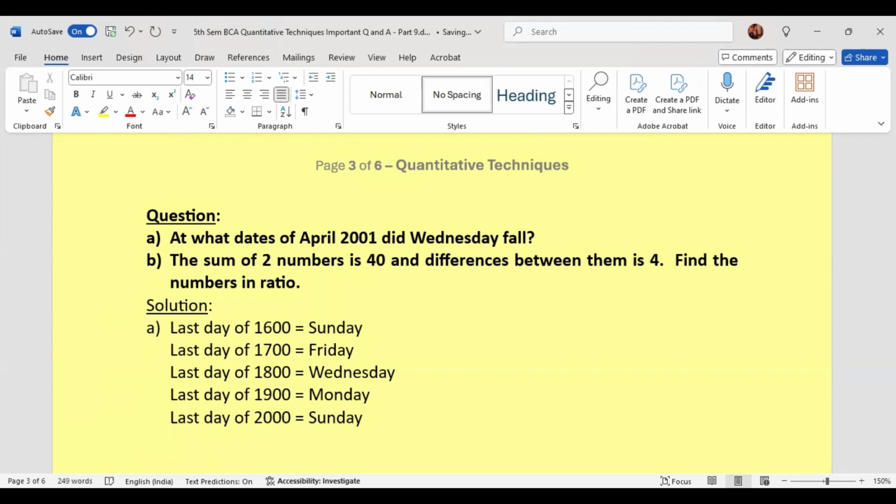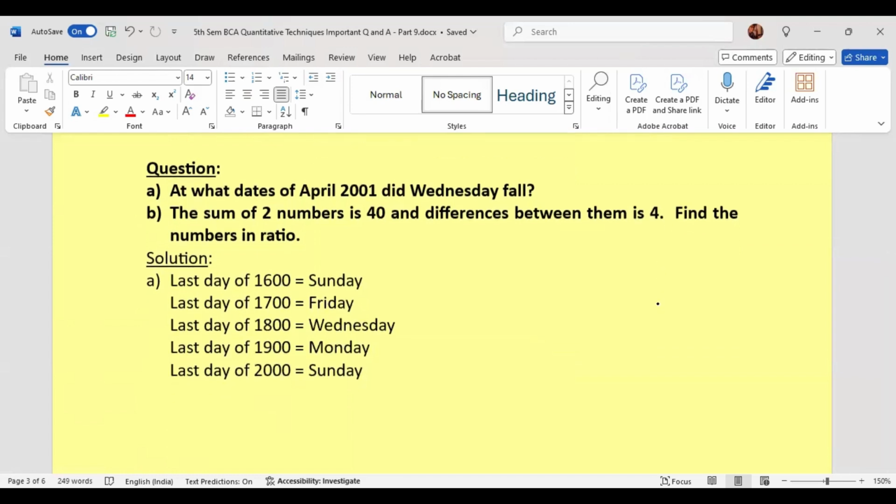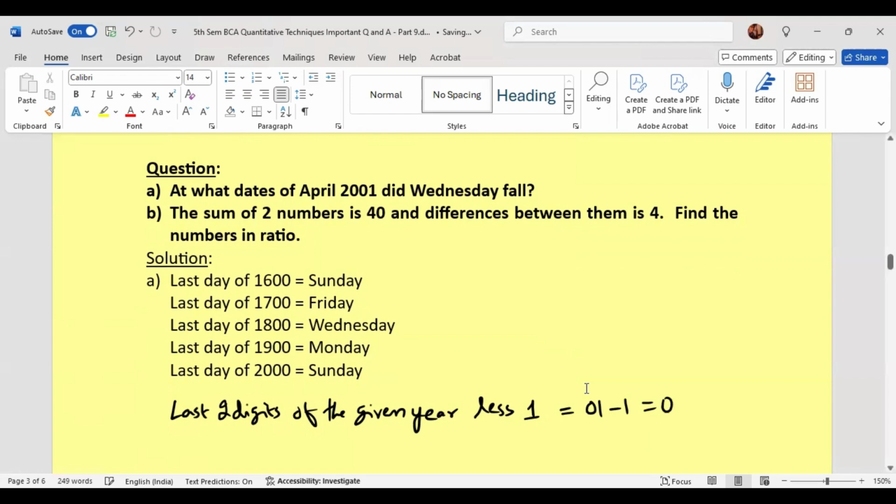This we need to remember. After that, we have to follow certain steps which we had seen in our previous videos also. First we have to identify the last 2 digits of the given year less 1. So that is, last 2 digits is 01, less 1 means it becomes 0.